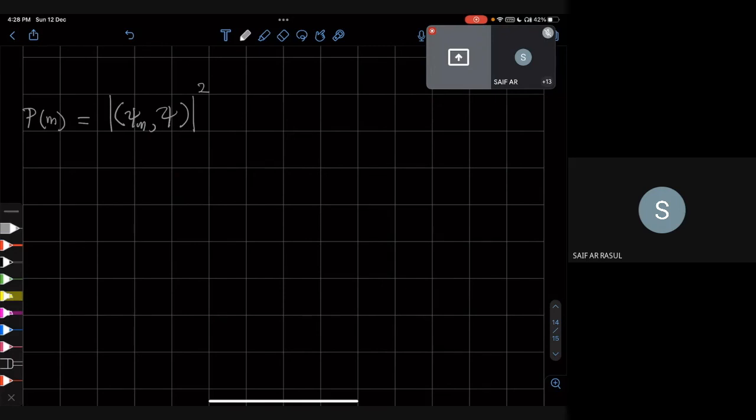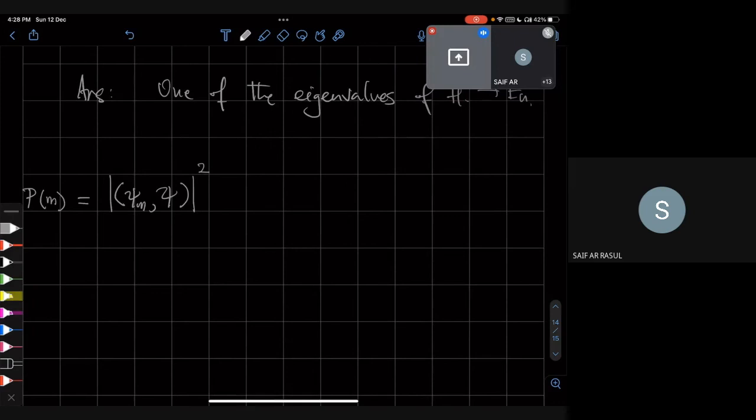Okay. So if this is true, then what does it imply? Let's see. This means that we have, inside the modulus, an integral. Let me just switch back and forth between 3 dimensions and 1 dimension. So this is going to be the integral of psi m of x star, psi of x, modulus squared, right?